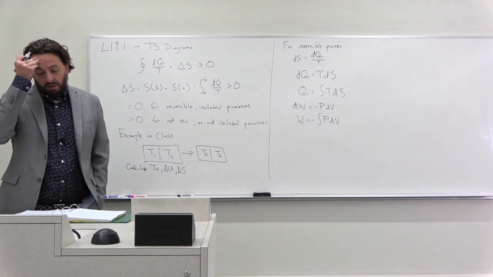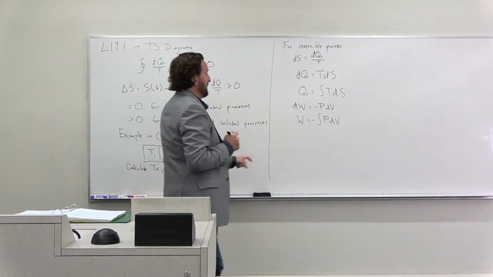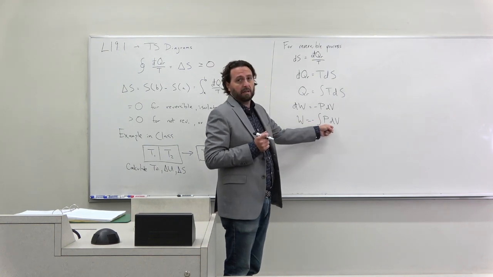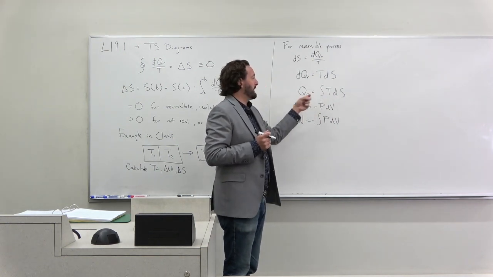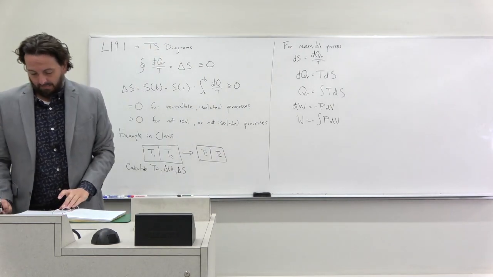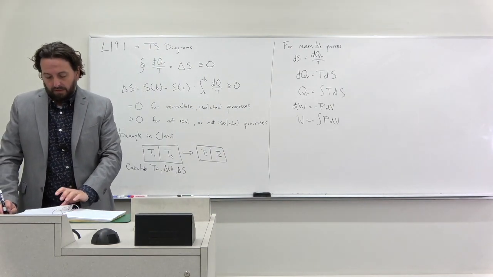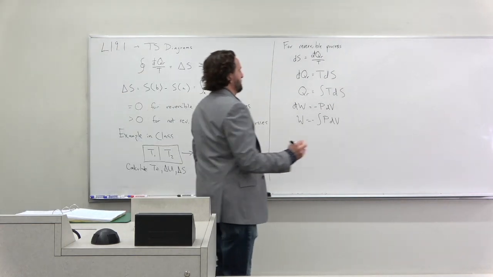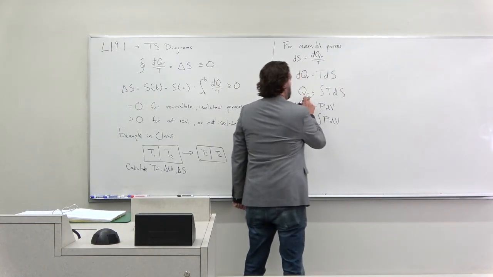Remember, just like in our PV diagrams, where the work was the area under the curve, on a TS diagram the heat is the area under the curve. Remember, this is only possible for reversible processes.